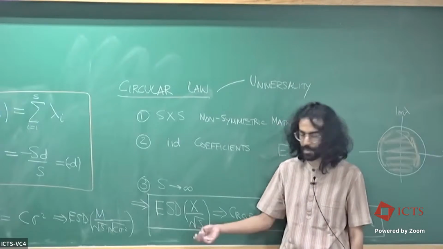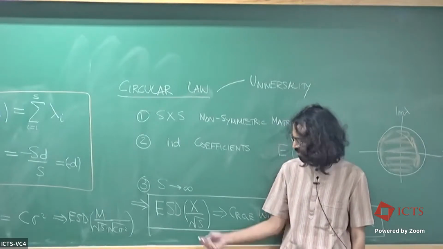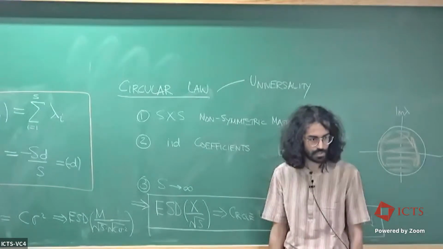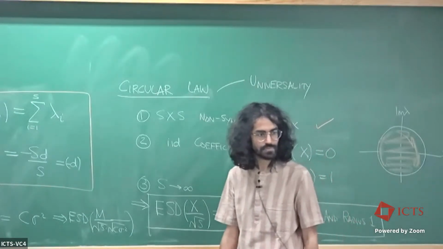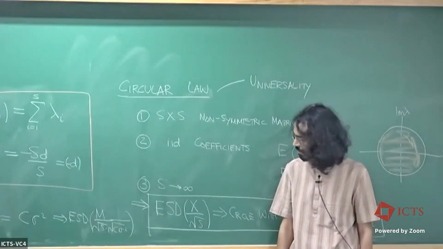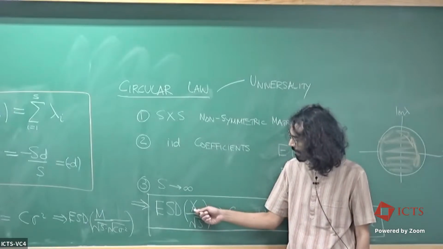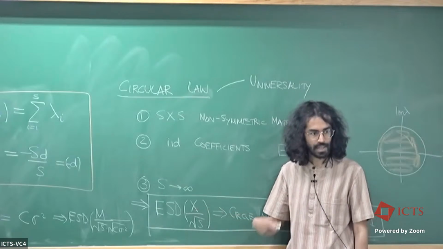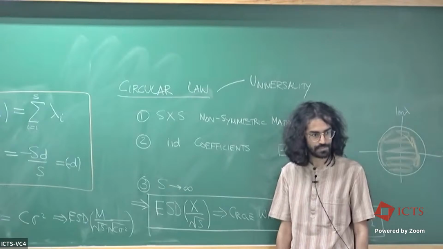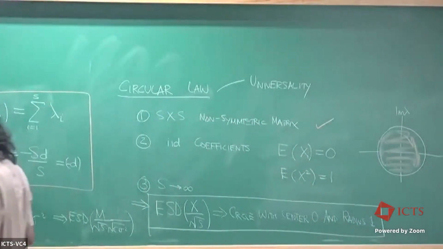So you need to scale something about the matrix to get a well-defined set of eigenvalues, right? So you can just scale it by root S. That's just what the circle law is saying. You're multiplying every entry of X, every sample that you get from the distribution, by root S. Then if you scale it, you'll get things that are well defined.